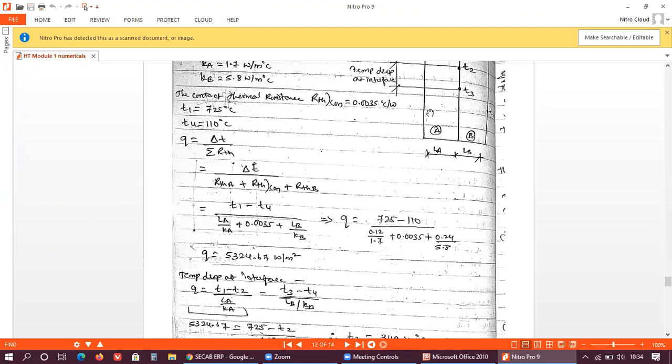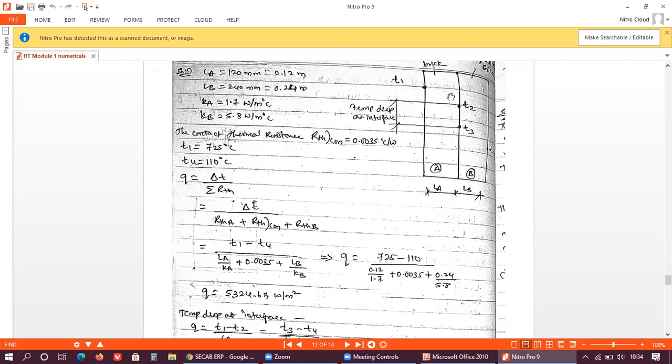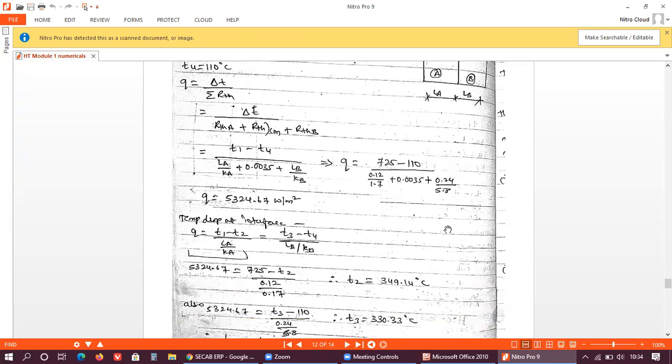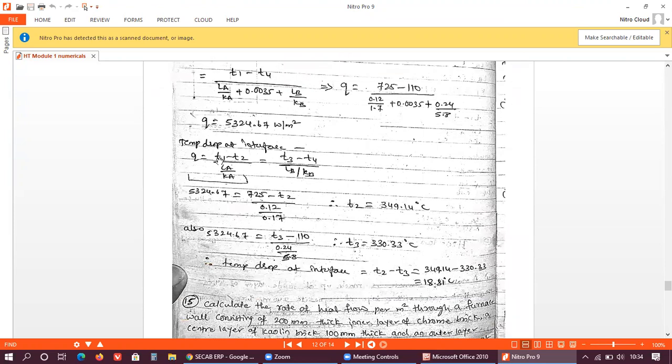So the rate of heat transfer, how will the heat flow from the first inner surface? It will flow from surface A to surface A, and after that from surface A to surface A, right? So you have to write the expression like this. The rate of heat transfer through the first wall is T1 minus T2 divided by La by Ka, right?